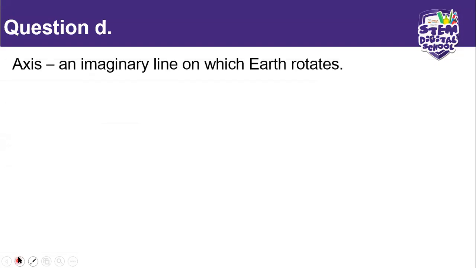Okay. Question D. What is an axis? An imaginary line on which Earth rotates. We call it an axis.